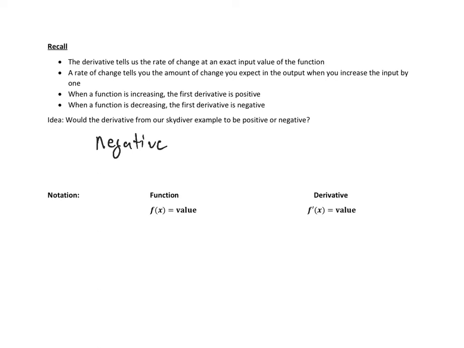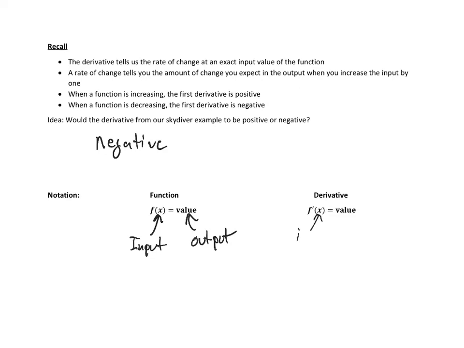Okay, so just some notation things again. If we define our function as f of x and it equals some value, then this x is really our input, and the value f of that input is really our output. It's the value of the function for that input. Our derivative, hopefully you recall, changes as we put different input values in.